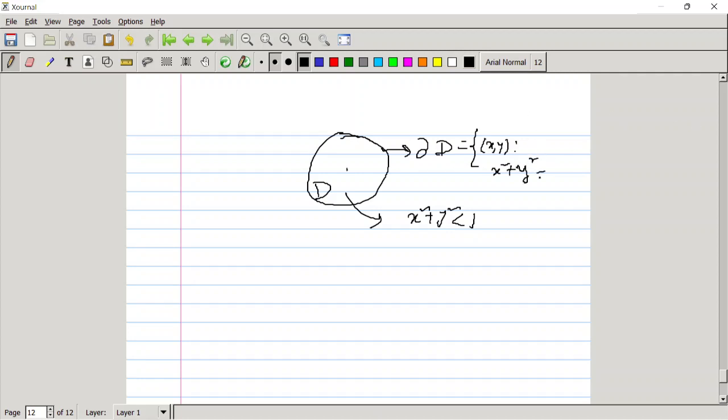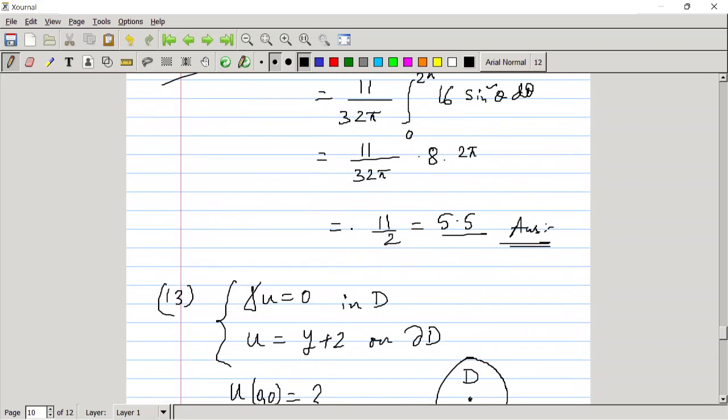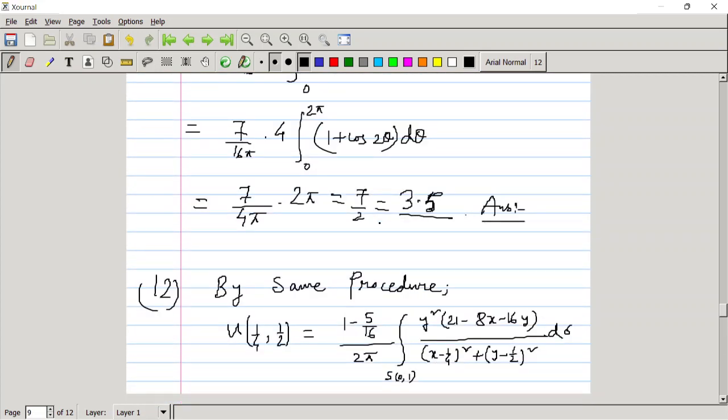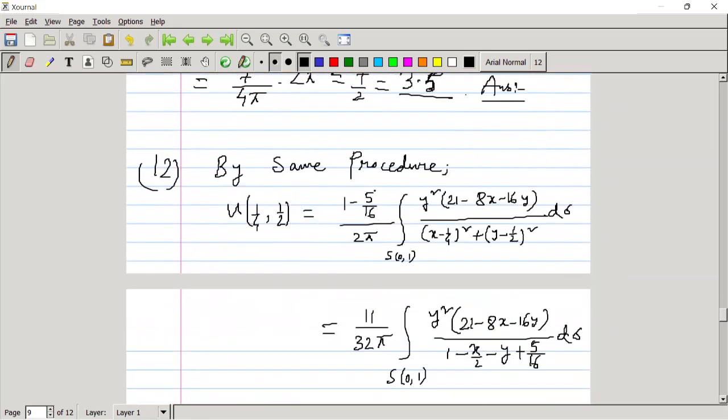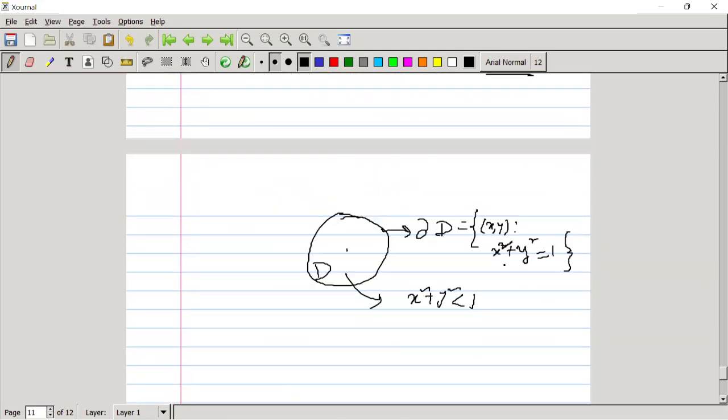Radius is not in between 0 and 1. Every calculation I am doing is an integration on the boundary, as in problems 11 and 12. So I have to take radius 1. This is the boundary del D. Okay, Ravi, do you understand?